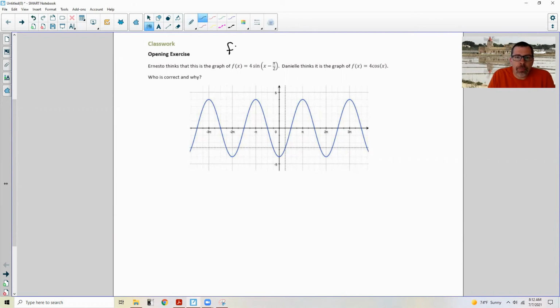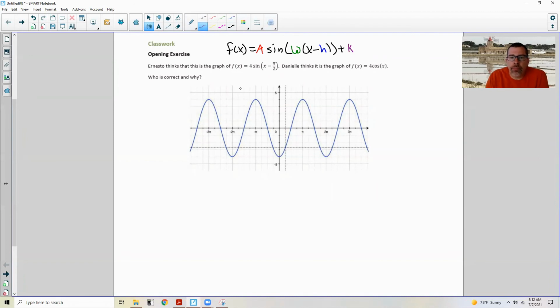First of all, I'm going to write f of x equals A sine omega, minus h, forgot my x, f of x equals A sine omega times x minus h, plus k.